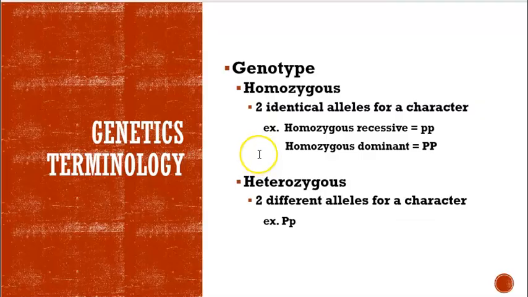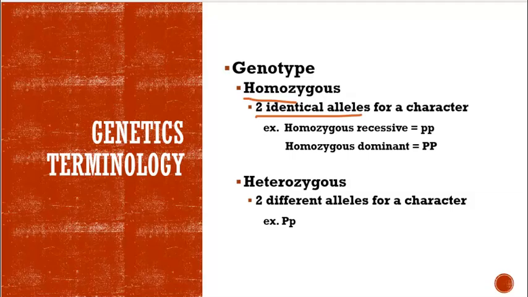So what we have just been talking about is what we call the genotype of that character. And we're going to use some terms to describe those allele combinations. We use the term homozygous, where homo refers to similar or like, referring to the fact that we have two identical alleles.